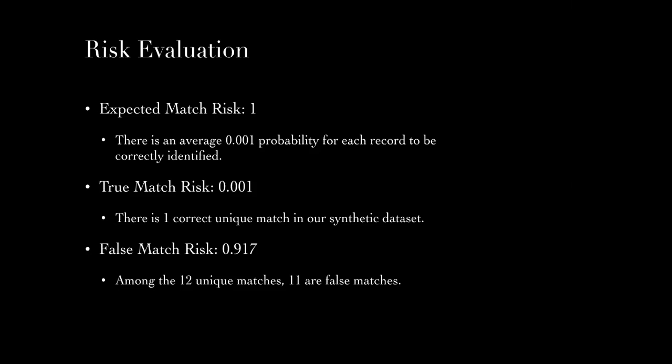With a false match risk of 0.917, it means that among the 12 unique matches, 11 of them are false matches, which indicates pretty low identification disclosure risk in my data set.